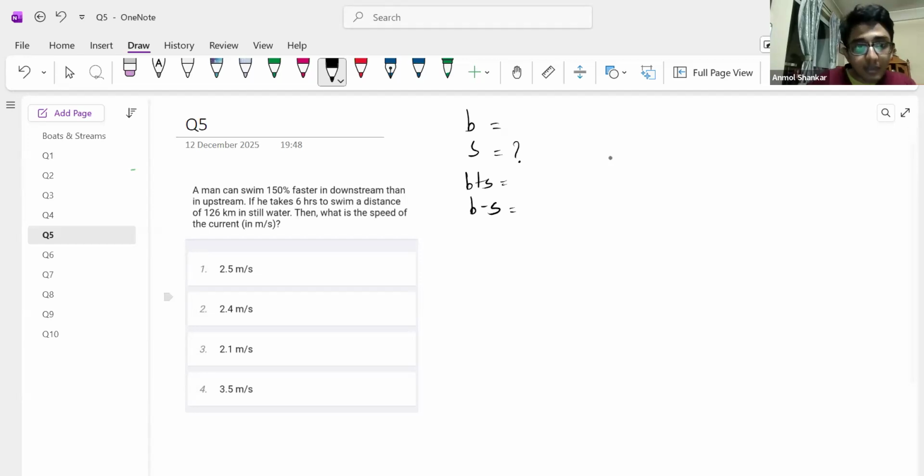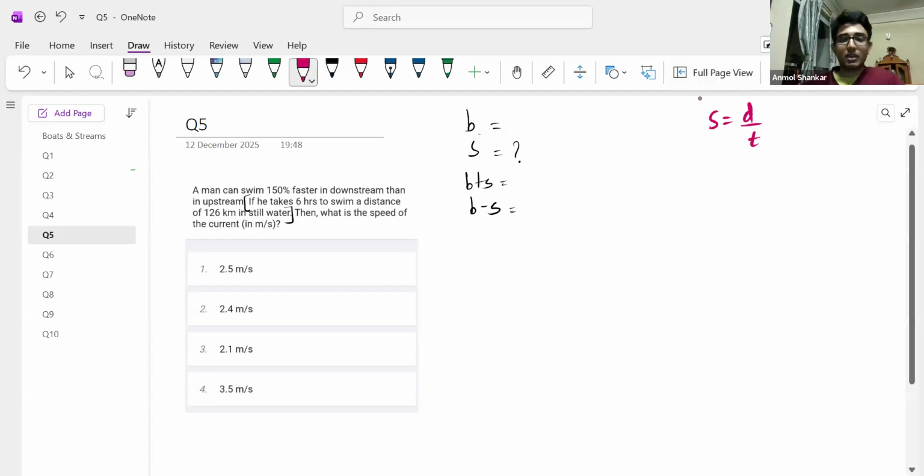எல்லாம் ஒண்ணே தான் இல்லையா. What is the value of B, டக்குன்னு சொல்லுங்க. If he takes 6 hours to swim a distance of 126 km in still water, what is the value of B? திருப்பி கார்னர்ல we will as usual write speed is equal to distance by time, right?